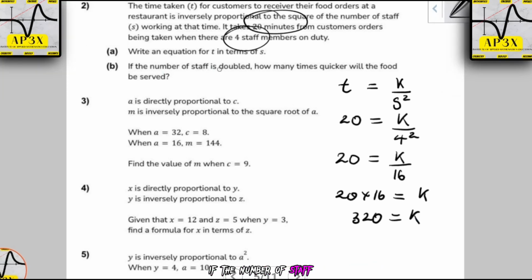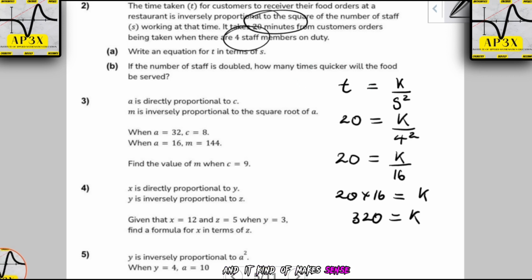If the number of staff is doubled, how many times quicker will the food be served? Well, this is an intuitive question, because since it's inverse variation, we know that if one quantity goes up, the other one goes down. So that means if the number of staff is doubled, then the time is going to be cut in half.